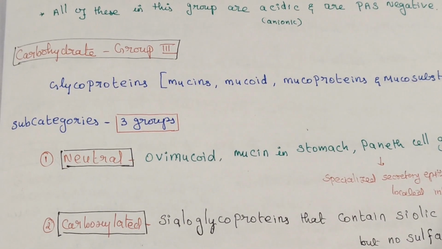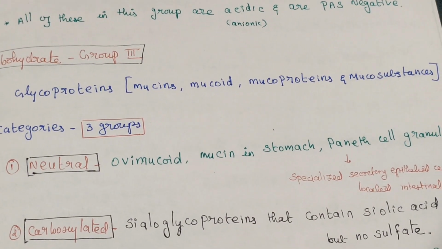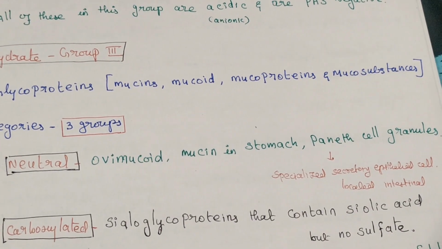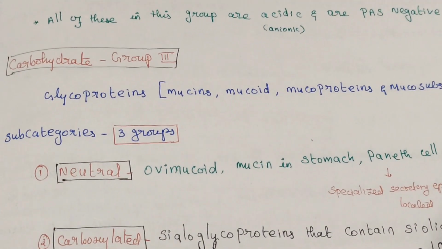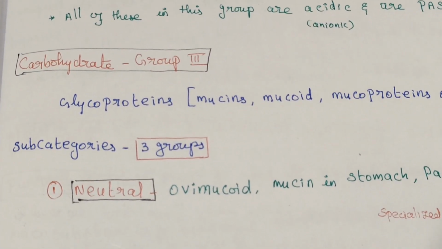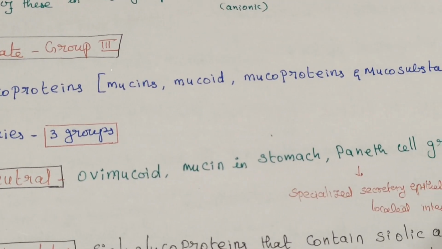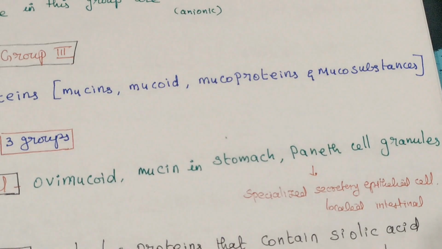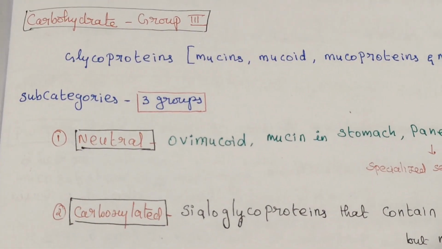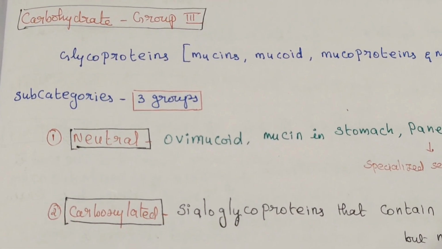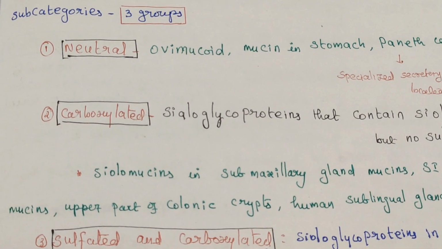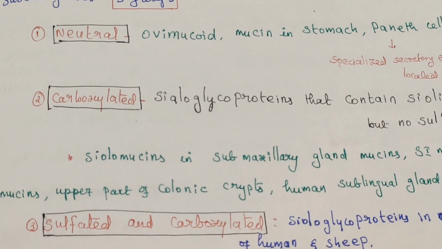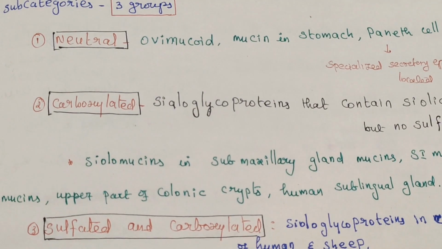It contains glycoproteins in the form of mucin, mucoid, mucoprotein and mucous substances. These also have 3 subcategories: neutral, carboxylated, and sulfated and carboxylated.